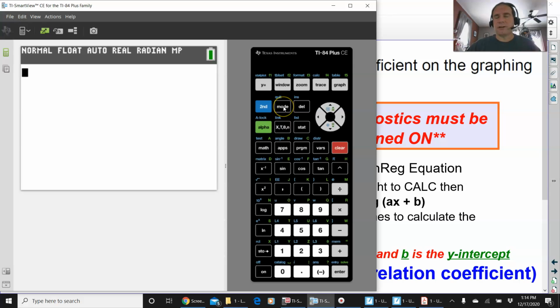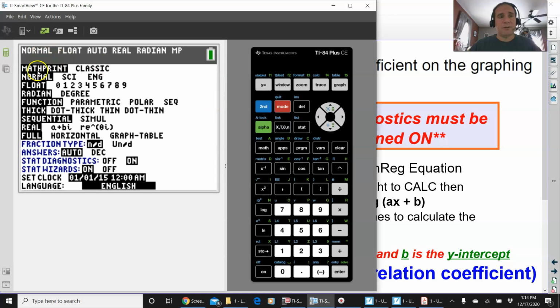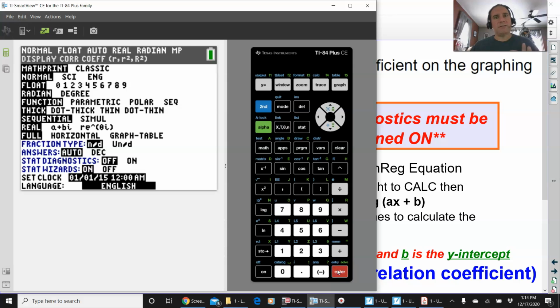I think the easiest way is to just press mode. See this mode? If you go down all the way to stat diagnostics, where I have it blinking, that's off. Normally your calculator will be off unless you turned it on already. If you reset the calculator, by default the diagnostics go to off.